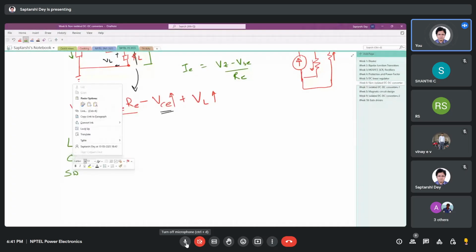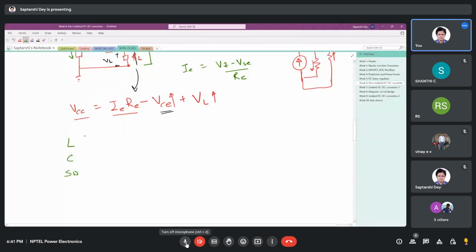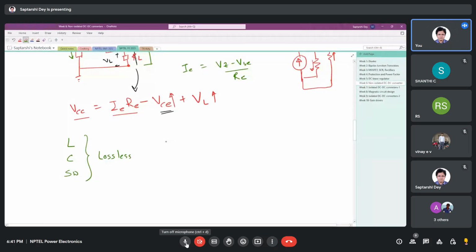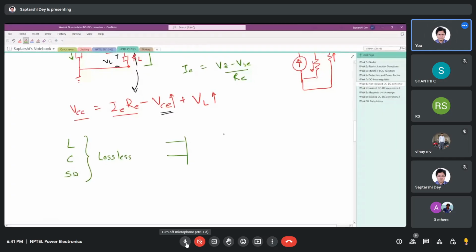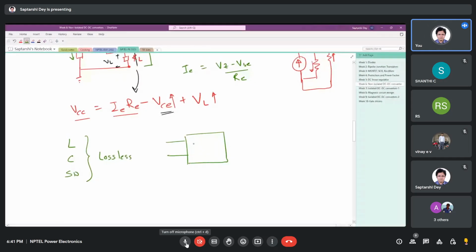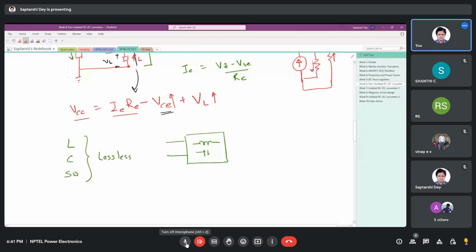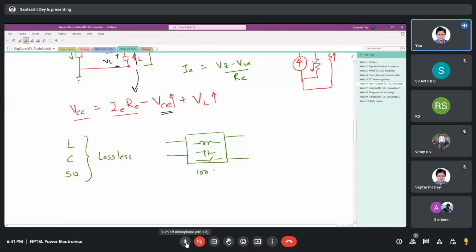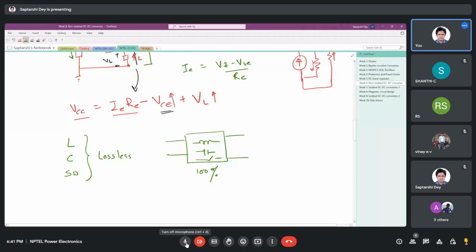Others we cannot ideally consider lossless. So if we have any circuit which is a network of these three things, then that circuit is ideally a 100% efficient circuit.